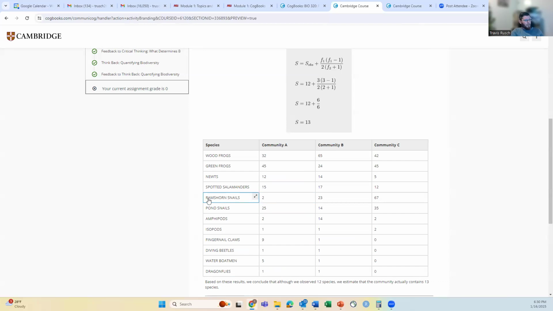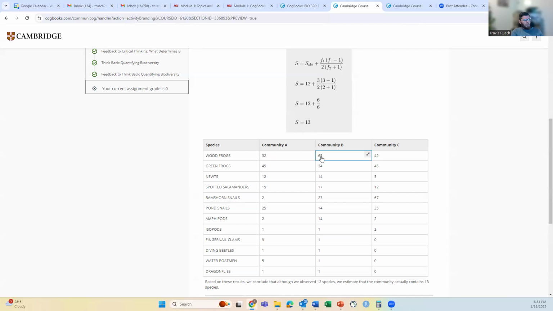That's the ram's horn snail and the amphipods, right? So that F2 is 2. Do the math: 3 times (3 minus 1) over 2 times (2 plus 1) is 12 plus 6 over 6, which is 13. So it's estimated that in community A, there's 13 species, right? So we've observed 12, but based on this equation, we estimate that we probably missed one.